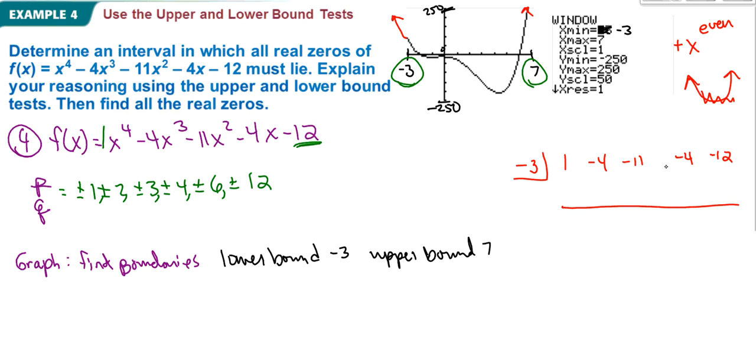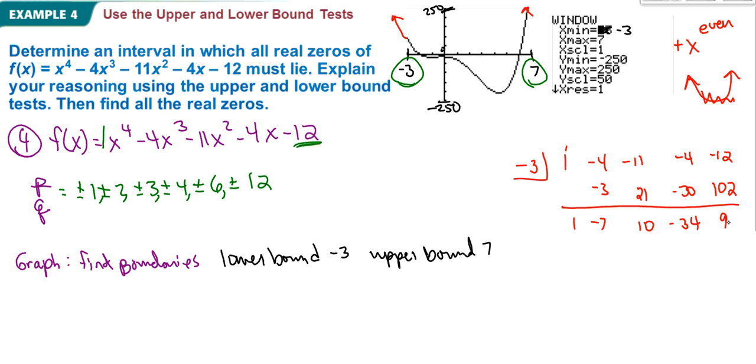When I do that, let's see what happens. I bring down the 1, times -3, so that's -7. This is 21, so that's 10. This is -30, so this is -34. This is 102, and then that is 90.